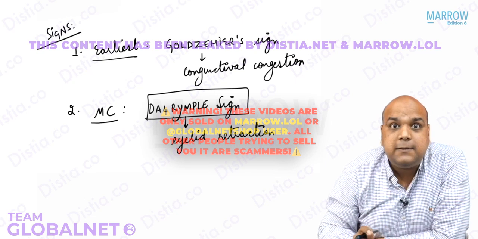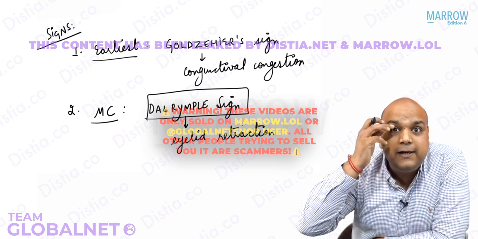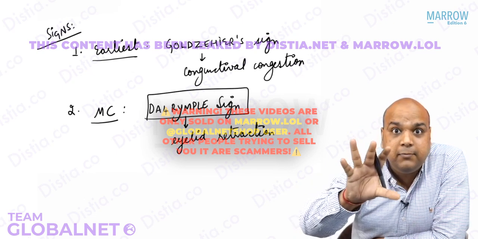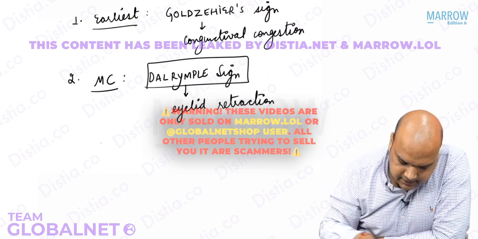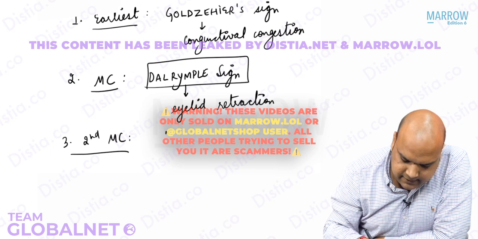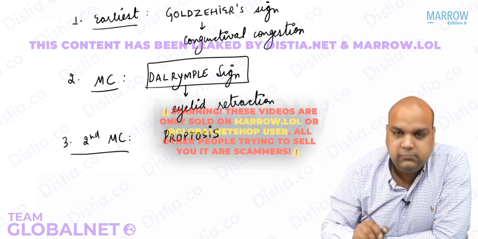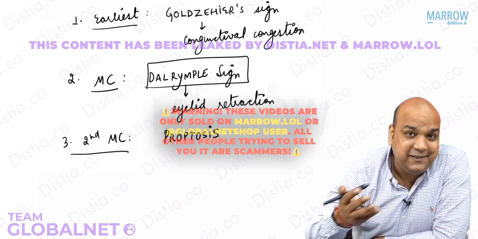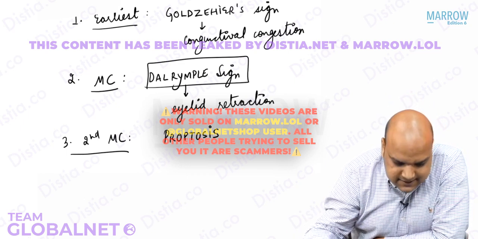Due to sympathetic overstimulation, there is upper eyelid retraction. The upper eyelid will go up. Dalrymple sign. Then the second most common sign is proptosis, the topic that we are discussing in orbit here, everybody. Yes?